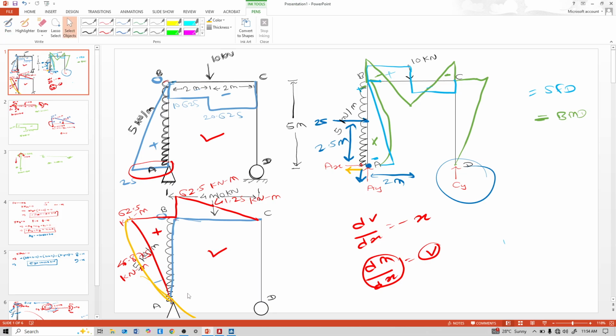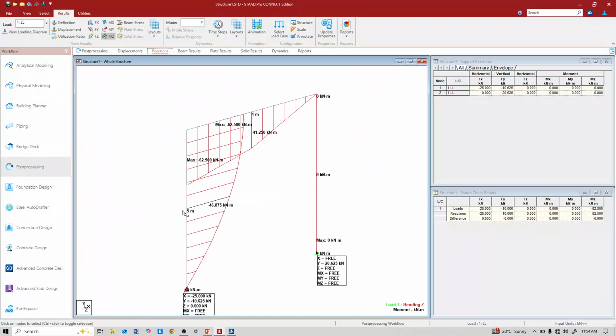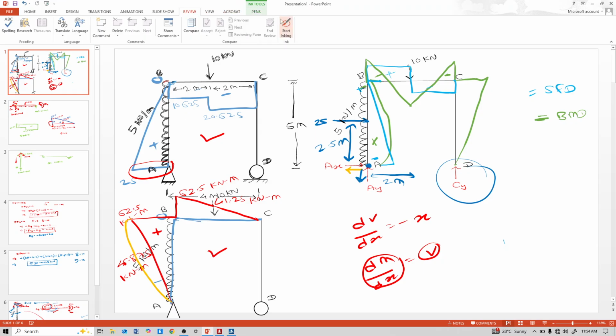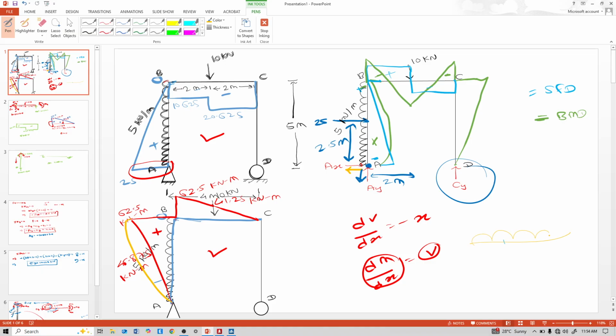When shear is maximum here, slope needs to be maximum here. Just see this beam like this. If we take a shape like this, slope is less here, but if we draw like this, then slope is more. So this shape is correct.